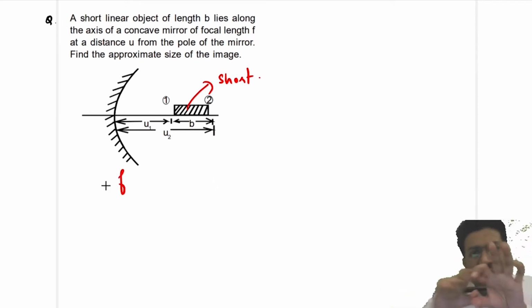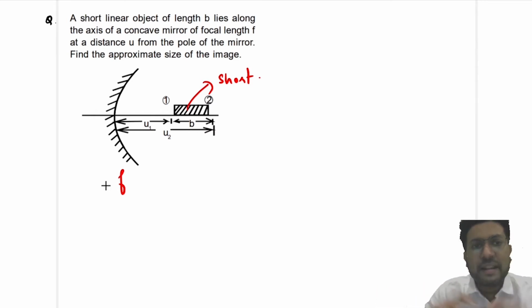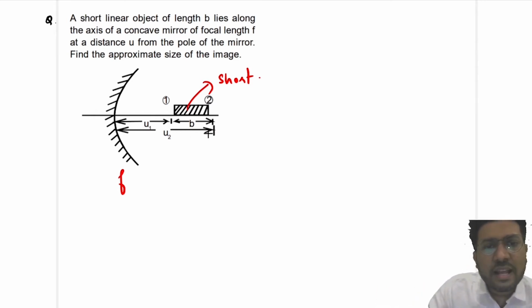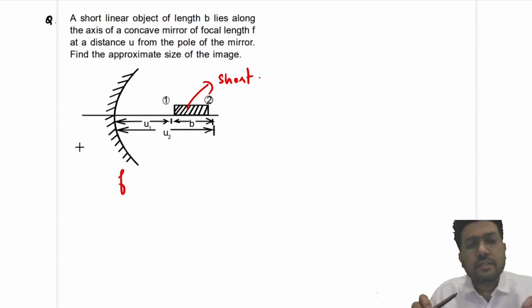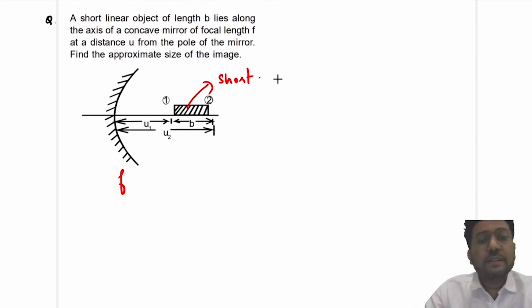If it is lying along the axis, that means there will be longitudinal magnification, right? And it is given that this distance is u1 and this distance is u2. We need to find the approximate size of the image. So you know that u2 minus u1 is b, right?